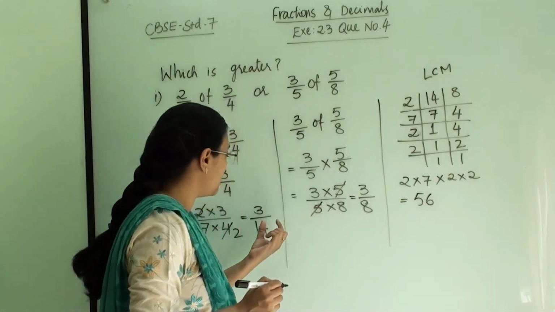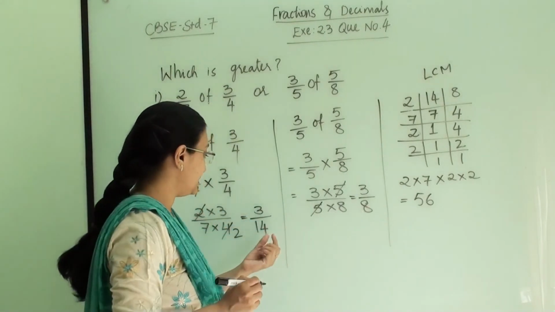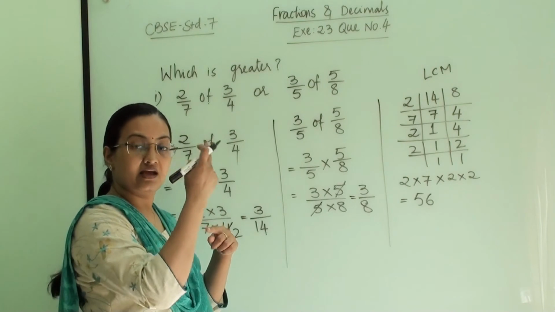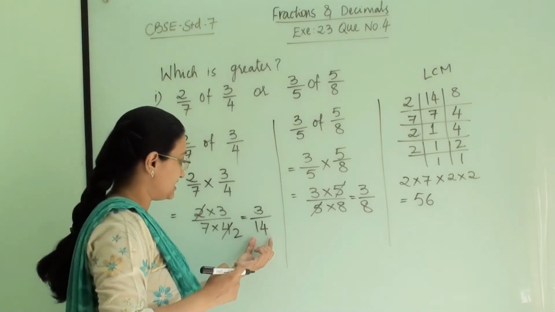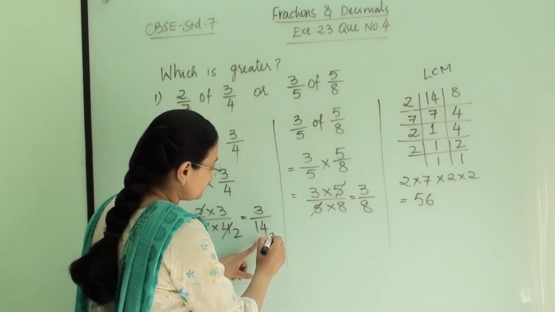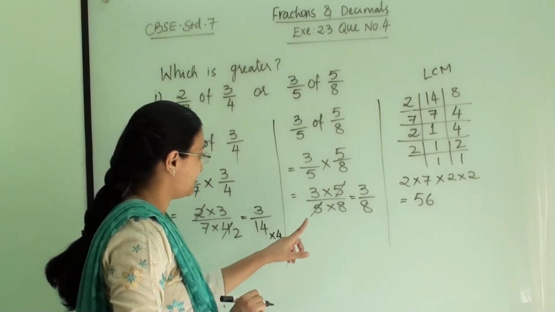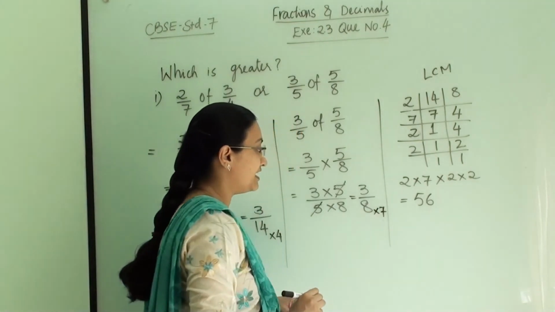Now we have to convert both the denominators to 56. So let us check what multiple we will multiply above and below so that we can make the denominator 56. So 14 4s are 56, and here 8 into 7 we will get 56.